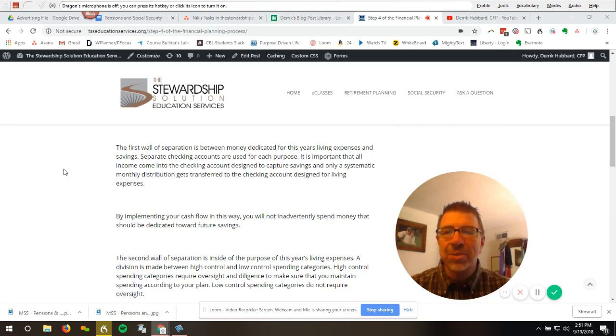And what is critical about the order of the way that you set up the cash flow system is all income needs to come into the account where you want to save your money. And only the amount dedicated for living expenses ever leaves that account at the beginning of each month. As a result, the difference between living expenses and savings automatically gets captured in the account designed for savings.